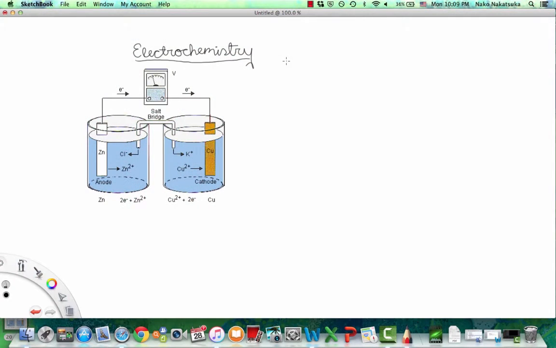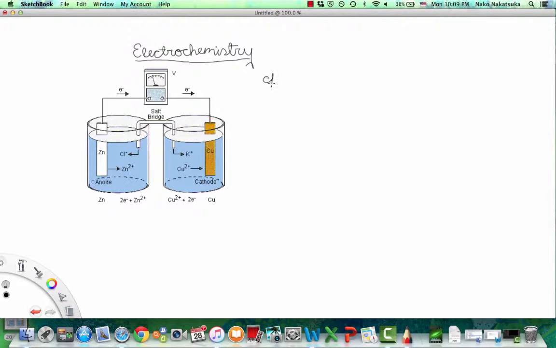So now we move on to the topic of electrochemistry, and from the term itself you probably can guess that it involves electrons and chemical reactions. So basically electrochemistry involves electron transfer in these different reactions, where a chemical reaction produces an electrical current.